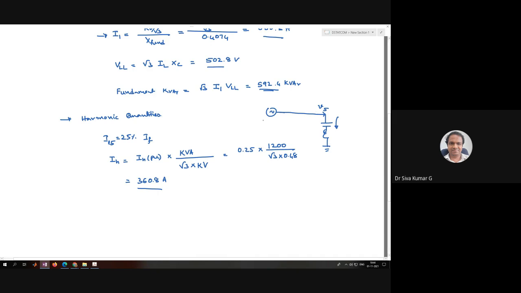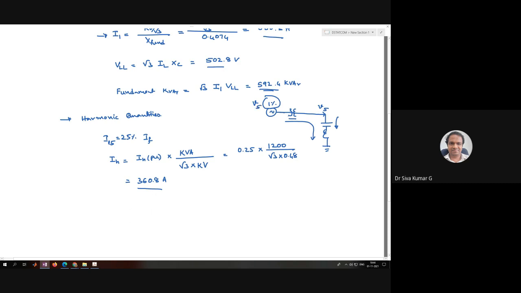We know the fifth harmonic voltage is 1% of the fundamental. The transformer has the fundamental reactance. For this fifth harmonic voltage, what will be the current which is going to flow? What is the fifth harmonic current?